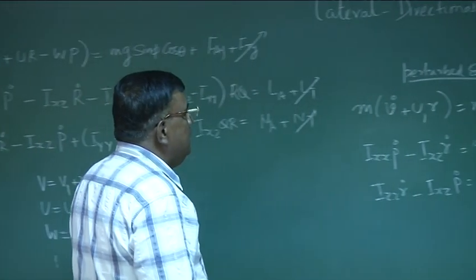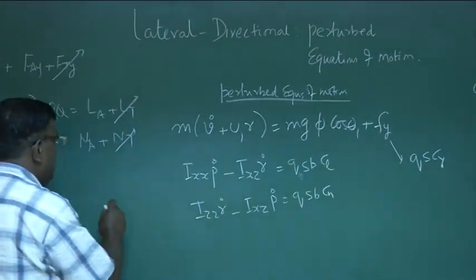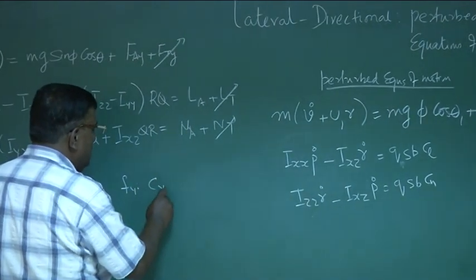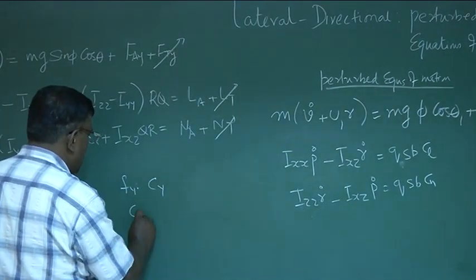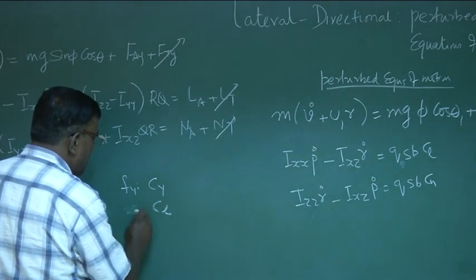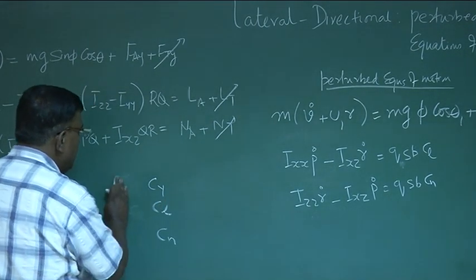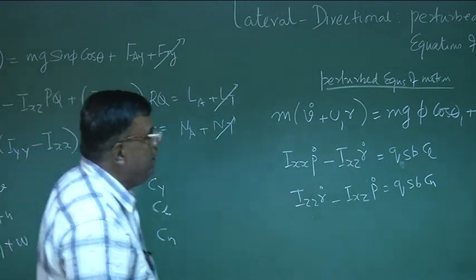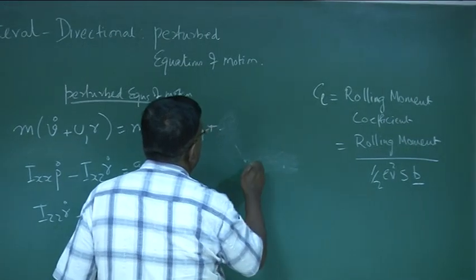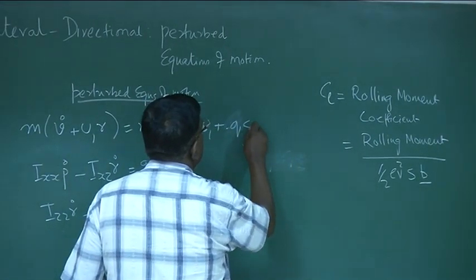Now here, for Fy I have Cy, and similarly there is a Cl, and I write Cn. Let me erase this Fy. I no more write Fy; for your understanding, it is Q s Cy.